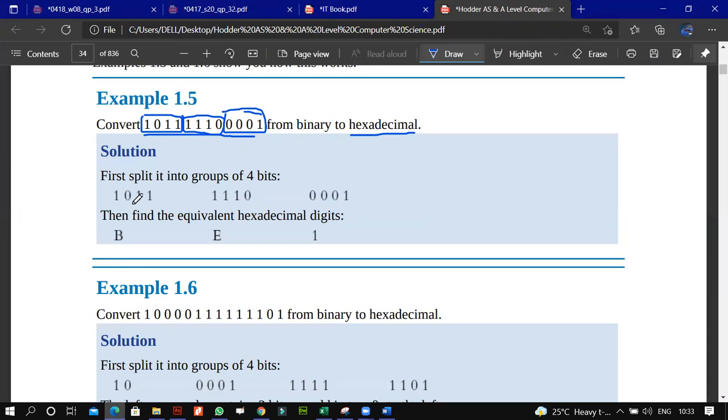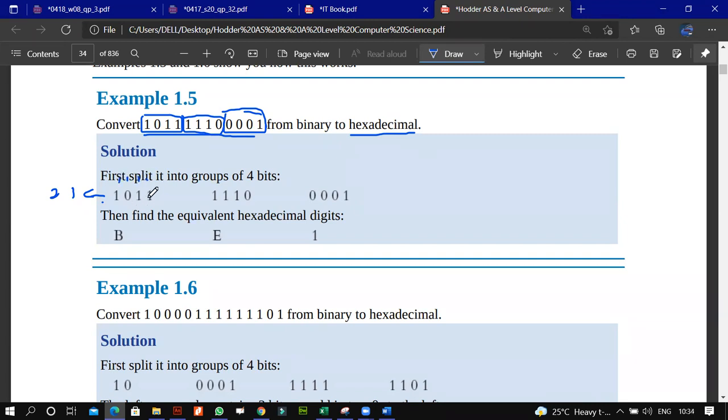So if I convert, let's say, the first one, what is this? If I convert this particular value into a denary value, this is 1, 2, 1 plus 2, because this is 1, 2, 4, 8.